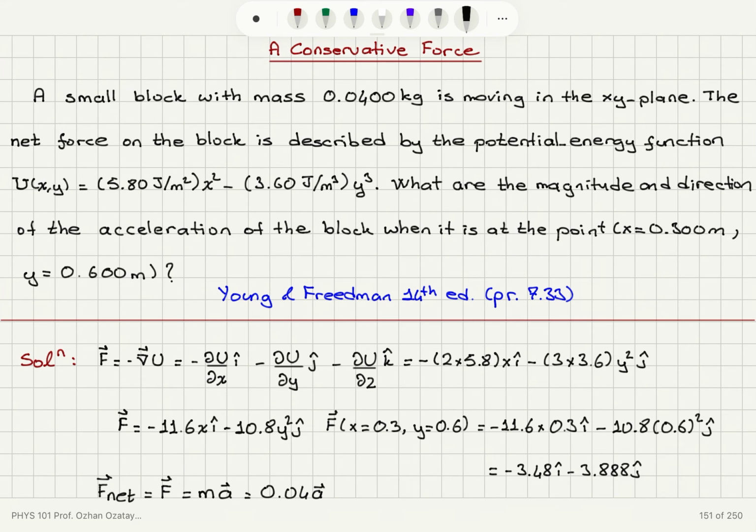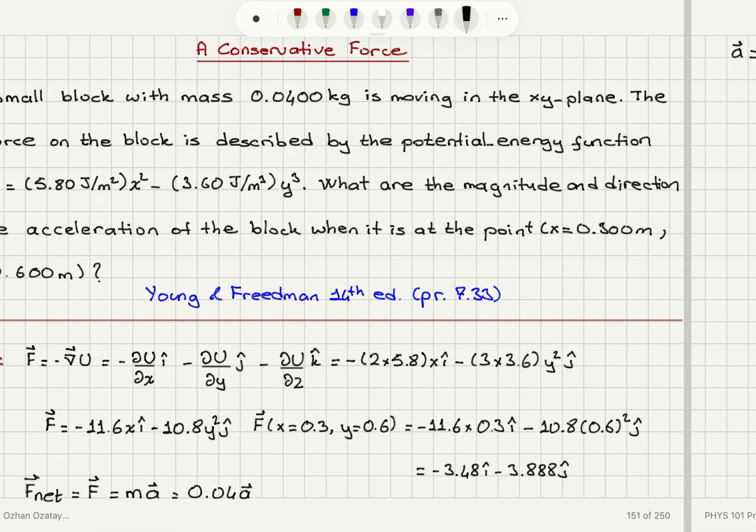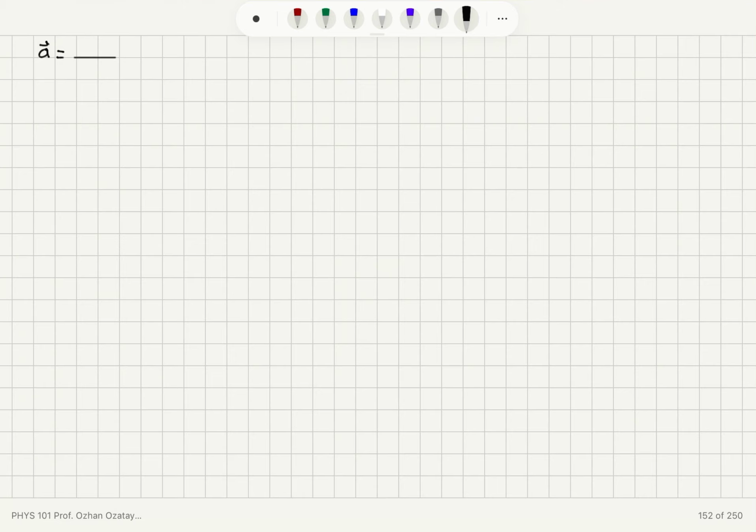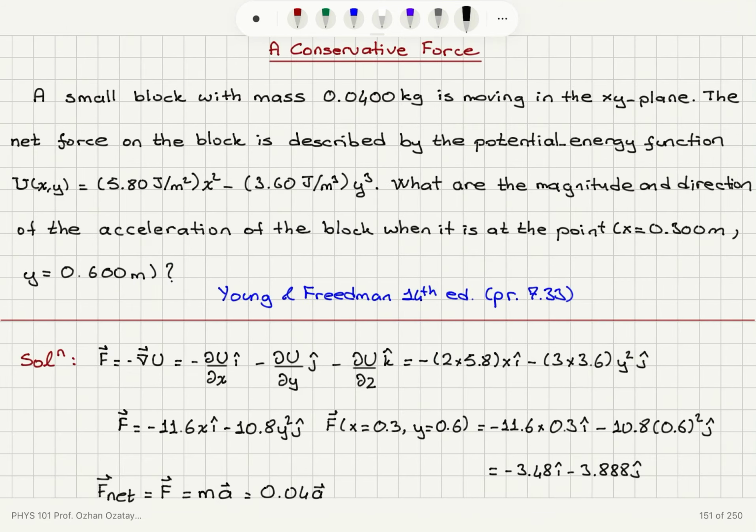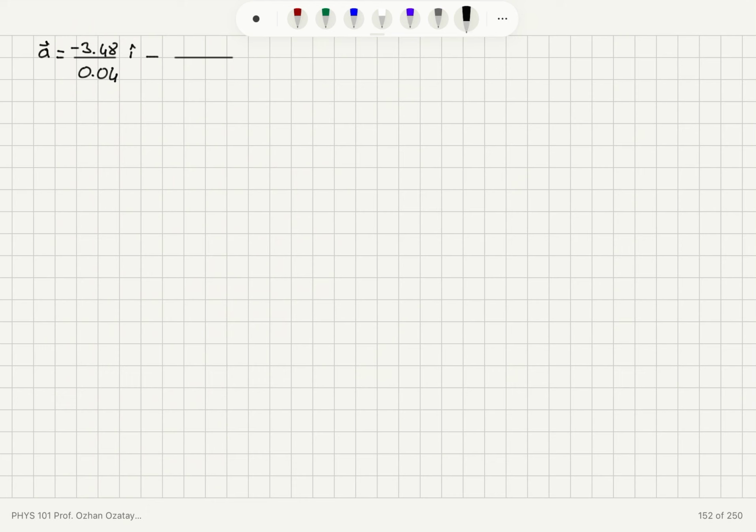All right, so the acceleration becomes minus 3.48 divided by 0.04 i hat minus 3.888 divided by 0.04 j hat, and this becomes minus 87 i hat minus 97.2 j hat in meters per second squared.